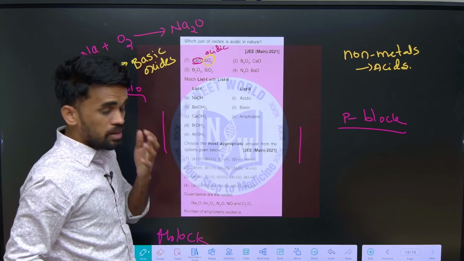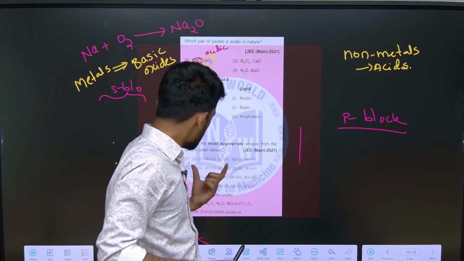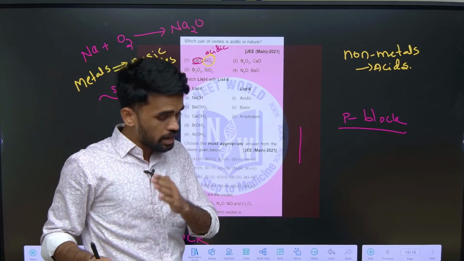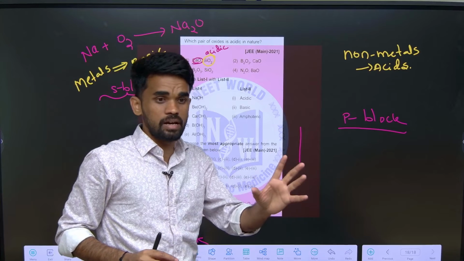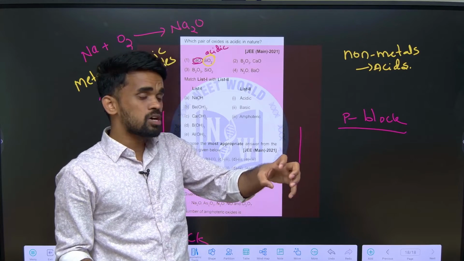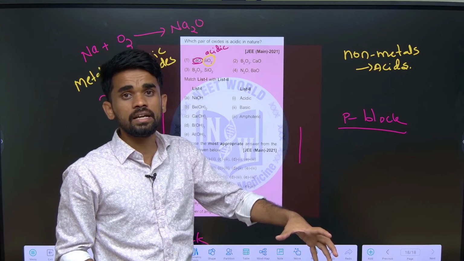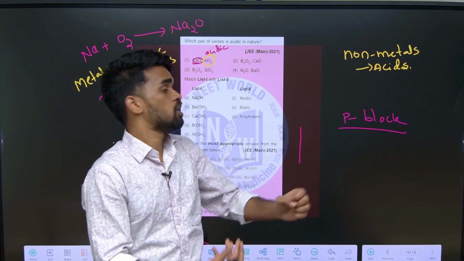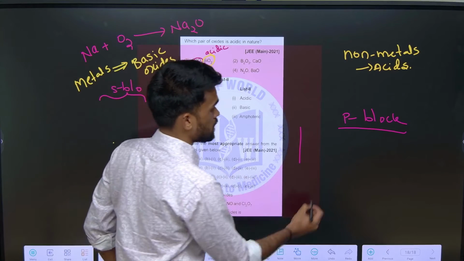Even metals, like transition metals, can form basic oxides, amphoteric oxides, and also acidic oxides. Generally for a particular element, if the oxide is in its highest oxidation state, in most cases it will be an acidic oxide.